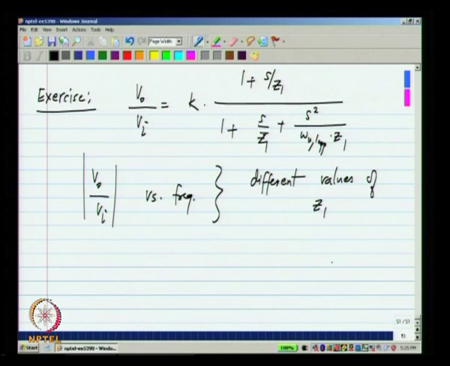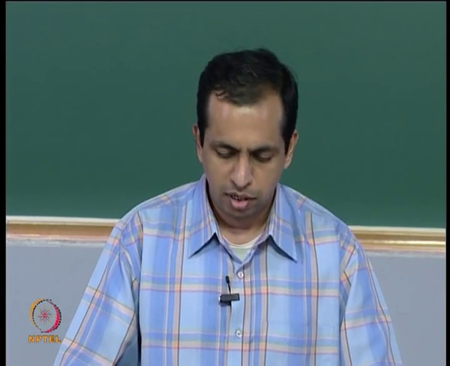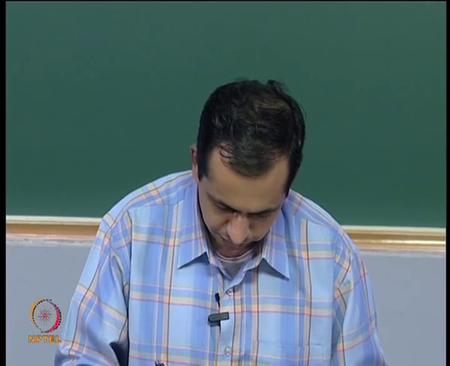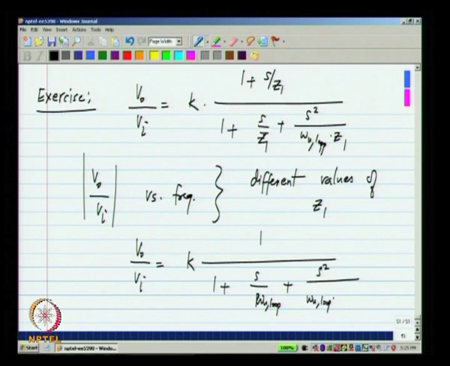You take, let us say, Z 1 to be omega u loop by 4, that corresponds to critical damping. You do that, and in particular contrast this with what we had earlier when we have an integrator and a single non-dominant pole. I believe the expression was something like this, where omega u loop is the unity loop gain frequency and P2 is the non-dominant pole.